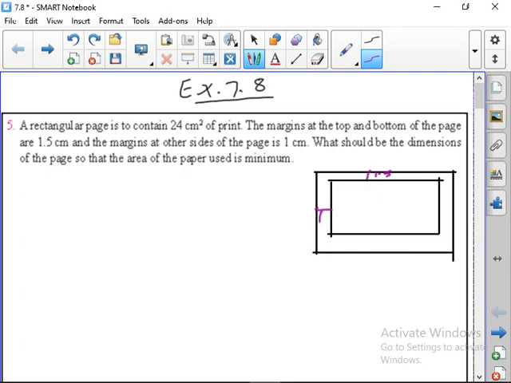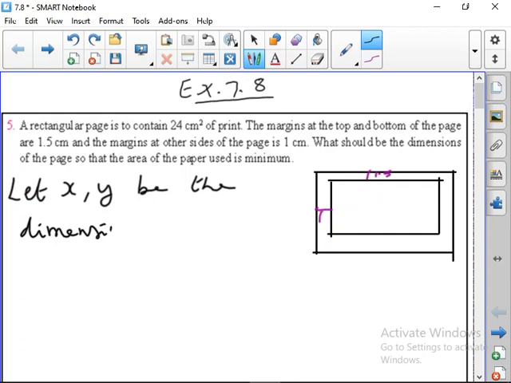This is 1. Then what should be the dimensions of the page so that the area of the paper used is minimum? So, let x comma y be the dimensions of the printed portion.